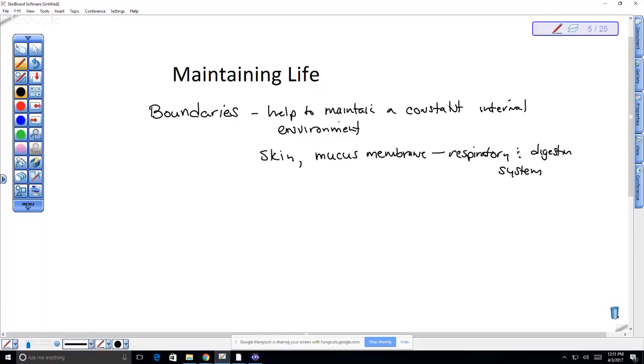So we bring in stuff into our body, air or food, and the mucous membrane helps to protect us and to prevent invasion, so things aren't able to get into our body and start using it for their own reproduction.